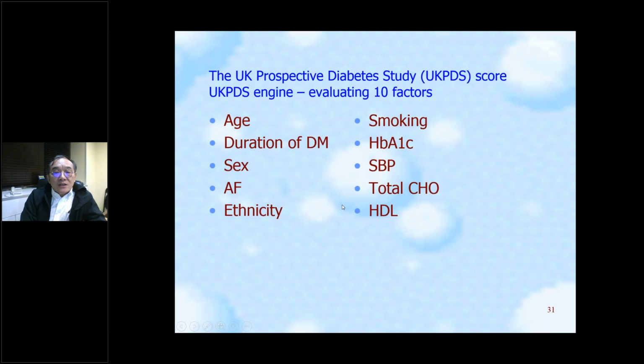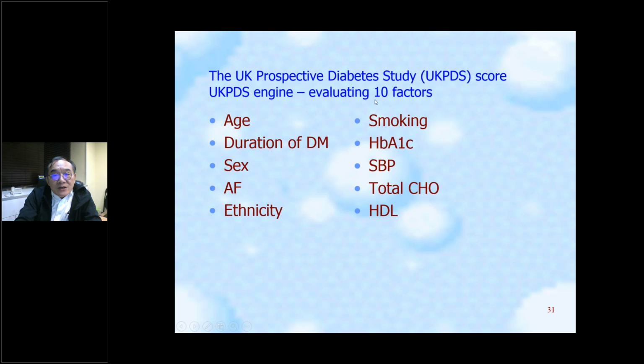It's quite interesting to look at how our medical colleagues evaluate the risk of CVD. This is very famous for diabetes: the UKPDS from the UK. They designed this UKPDS scoring system and it has been externally validated many times.